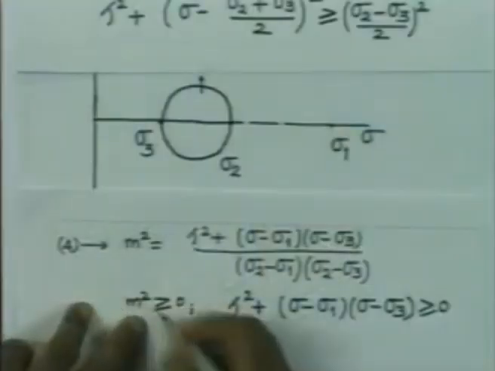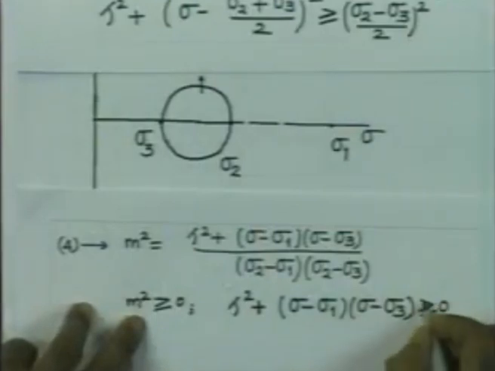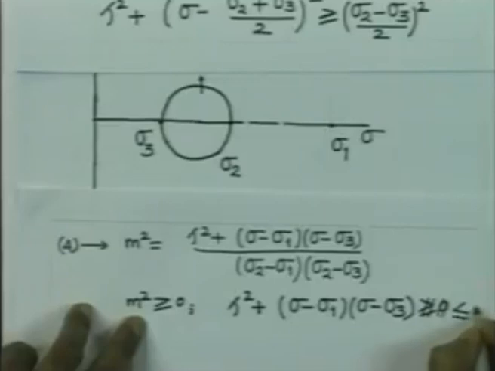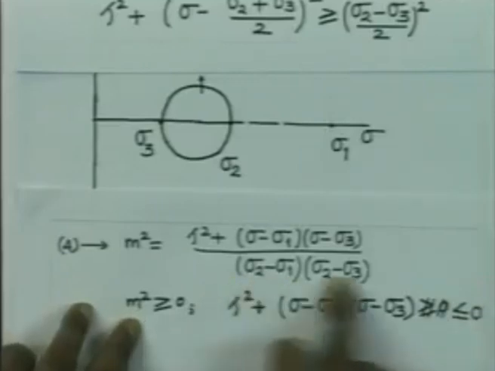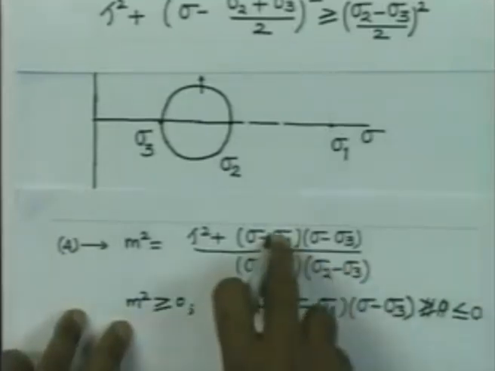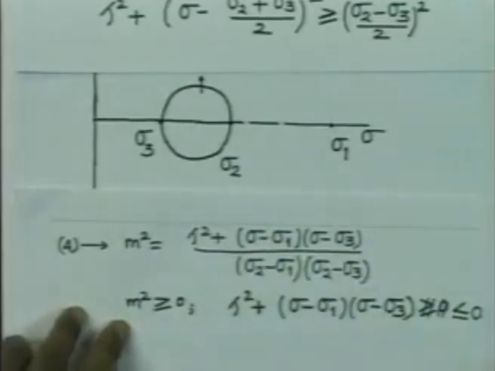I am sorry, since the denominator is negative, this numerator has got to be negative or 0.